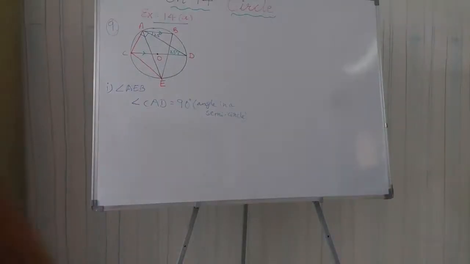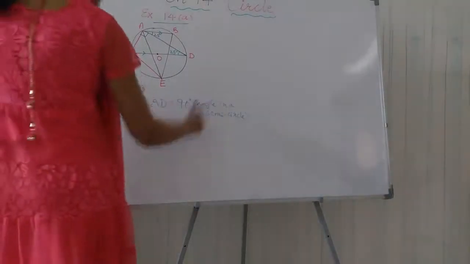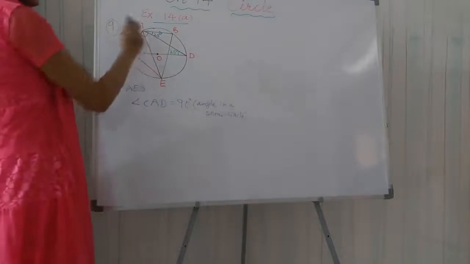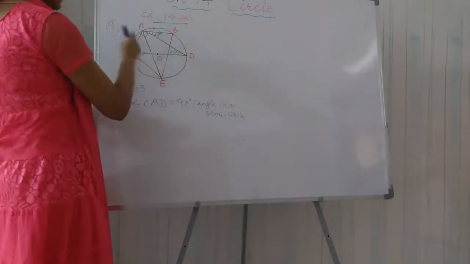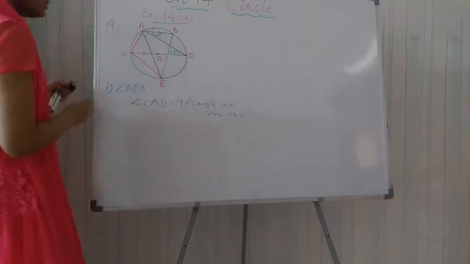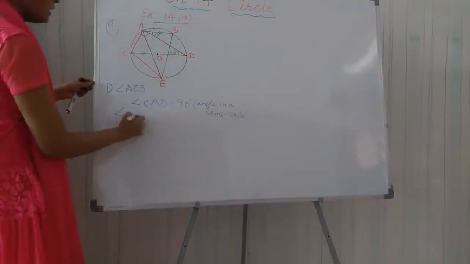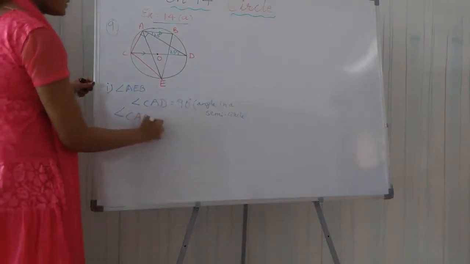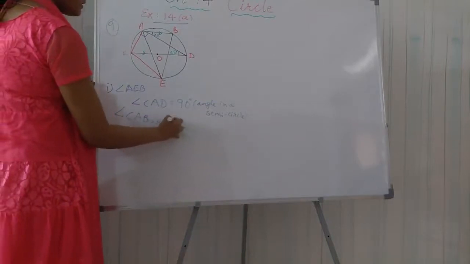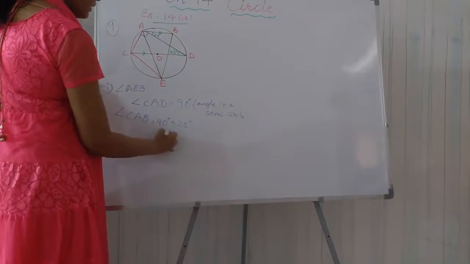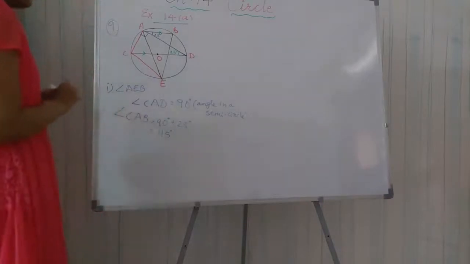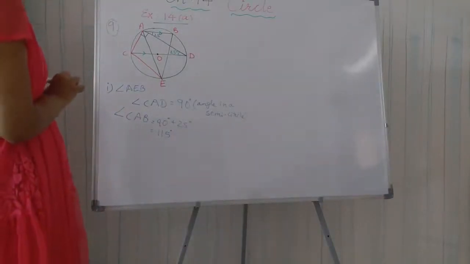So now angle CAD is an angle in a semicircle, here 90 degrees. So this full angle CAB will become 115. So I am writing angle CAB is equal to 90 plus 25. So it becomes 115 degrees.